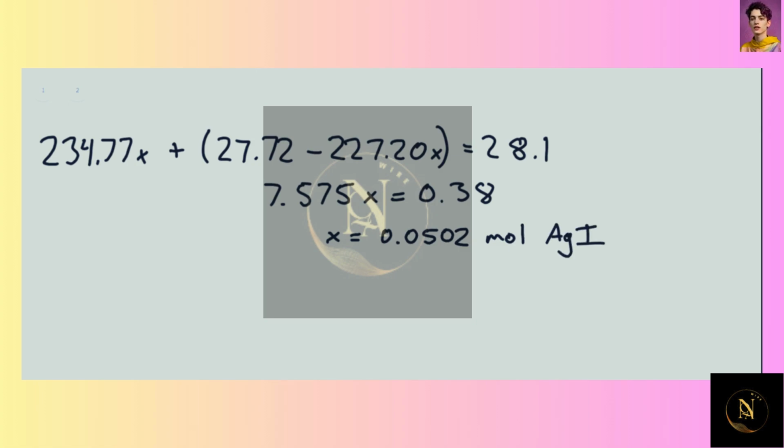So we know moles of silver iodide, so now all we have to do is multiply by the molar mass to get the mass of silver iodide, which is the original question that we were asked. So 0.0502 moles times 234.77 grams per mole is equal to 11.8 grams of silver iodide.